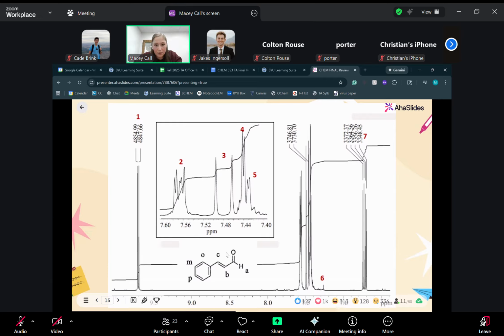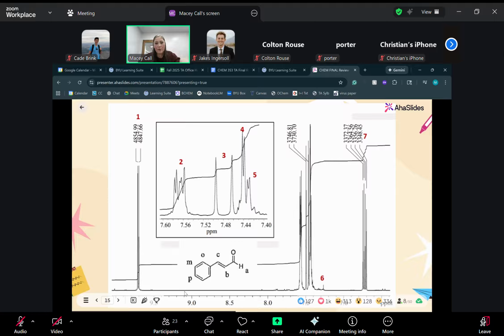And then if I look through here, C and B are on a double bond, right? And so if I draw a resonance structure, the bond will flip to be A, right? So then B is going to be split by both C and A, which makes it a doublet of doublets. So that is super key. One of the most important things about why I did this example is knowing what a doublet of doublets looks like. C is just split by B, so it's going to be a doublet.